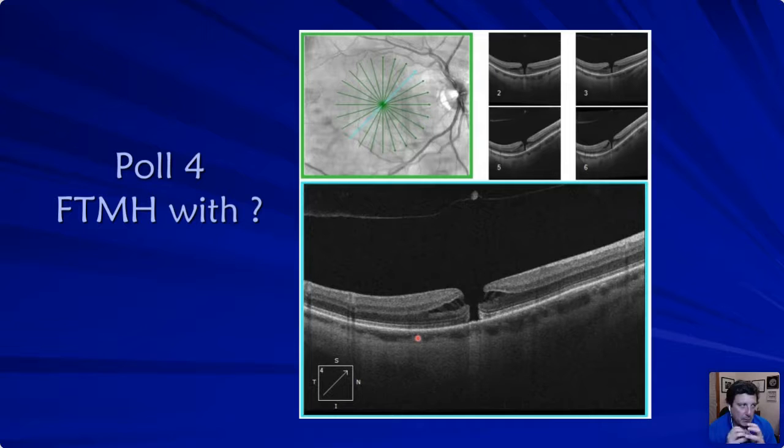So if you can launch polling question number 4, I want to see how we're doing out there. It is launched. Pseudo hole, ERM, lamellar hole with separation, or macular pucker are our choices.